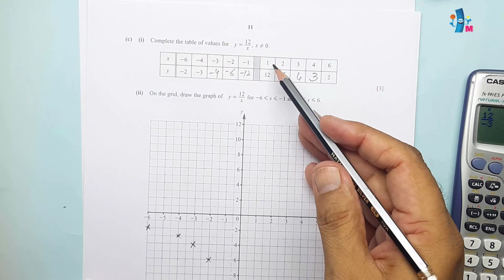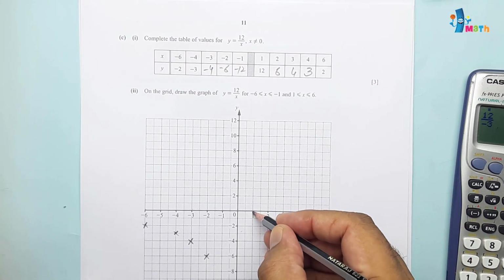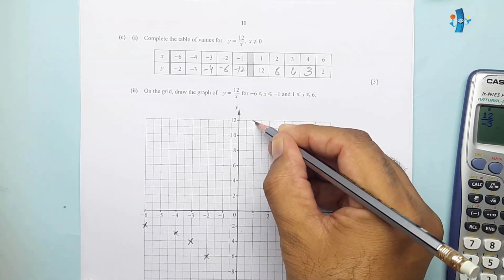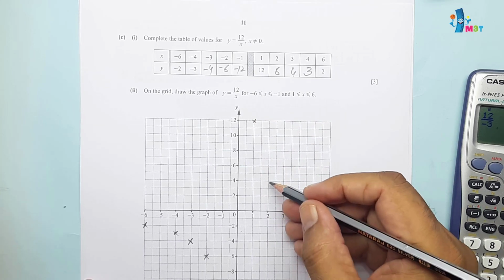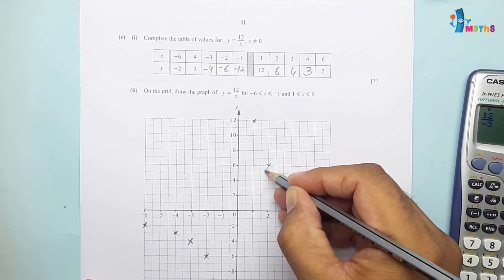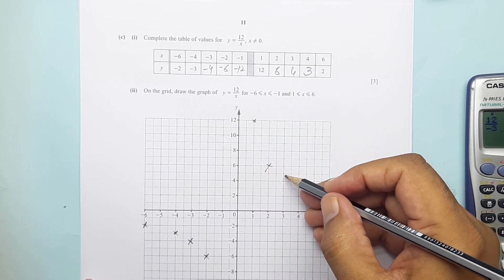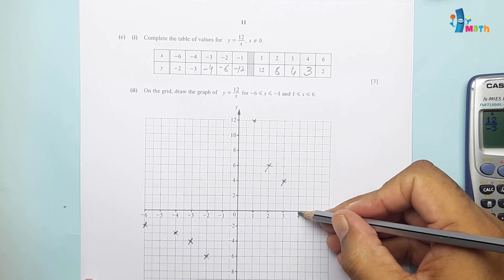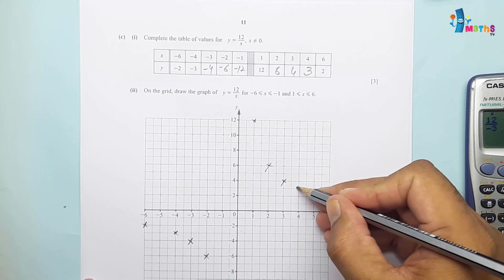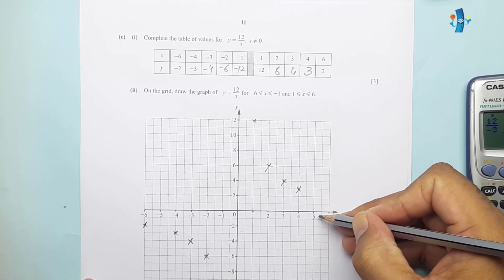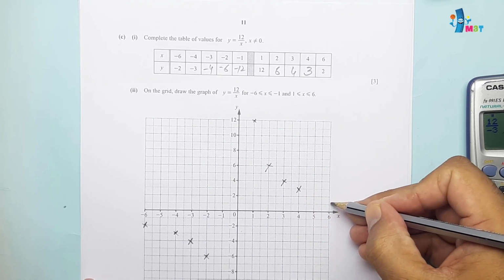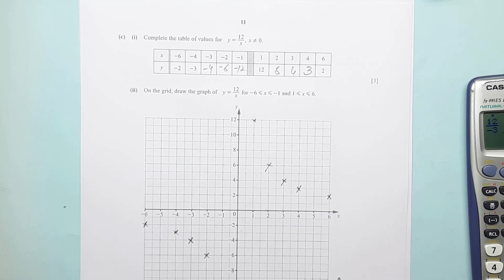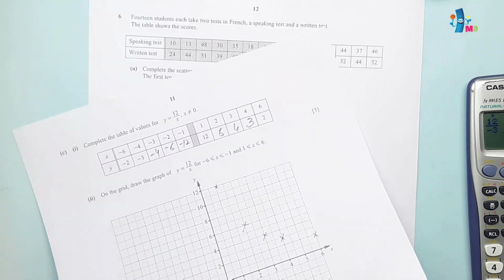Then we'll come to this side. 1 and 12 will be this mark, and 2 and 6 will be this one. Then 3 and 4 will be this one. Next is 4 and 3. Then 6 and 2. Now we have to draw the graph.